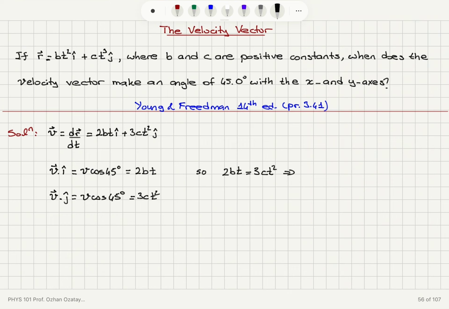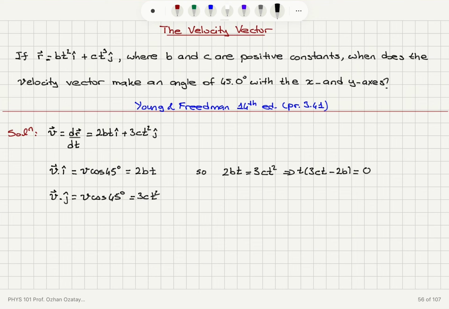If I take t in parentheses and collect all the terms on the left hand side, 2bt goes to the other side, so t times (3ct minus 2b) must be equal to 0.